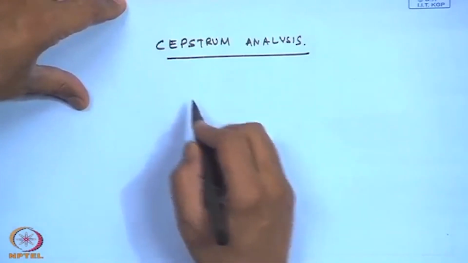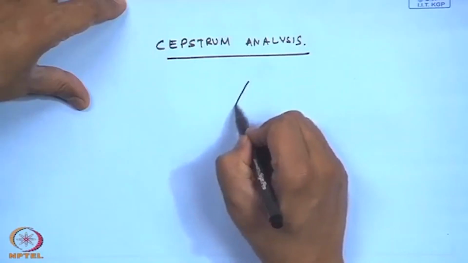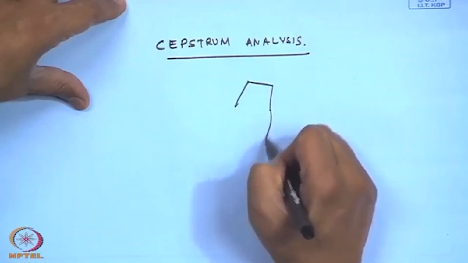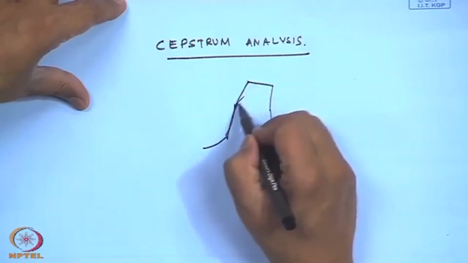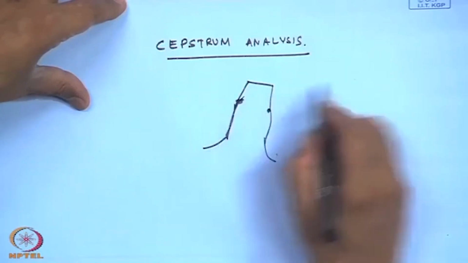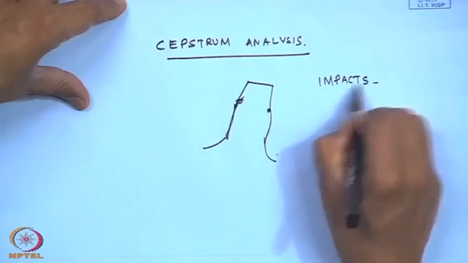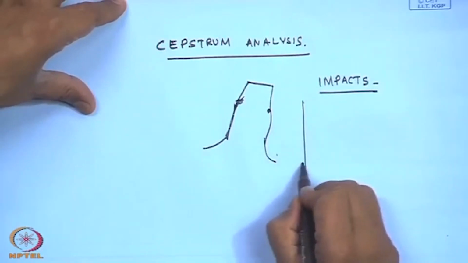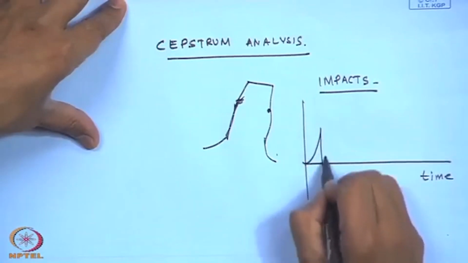But another important thing which happens because of these defects in the gear tooth is that there will be a lot of impacts occurring, and these impacts in the time domain will look something like this.